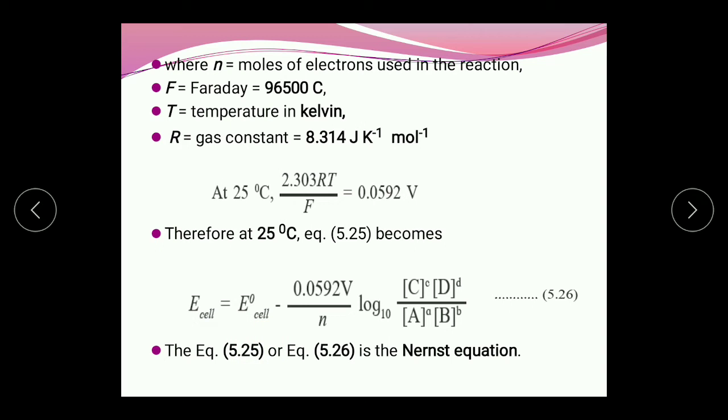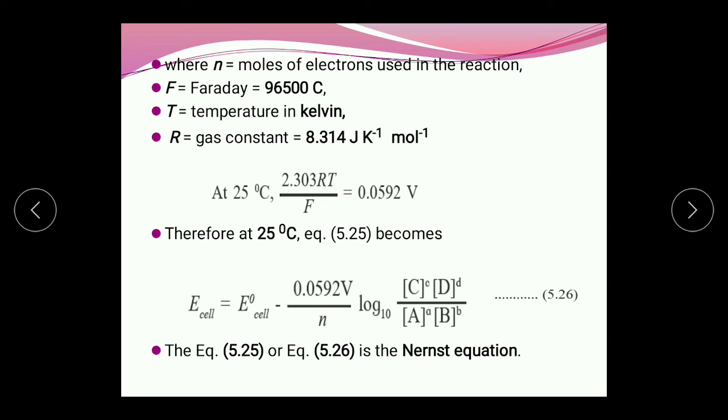This second term is the correction for non-standard state conditions. That means instead of standard concentration, if the concentration varies, then this is the factor. Otherwise, it becomes this. But this factor gives us the correction for non-standard state conditions.